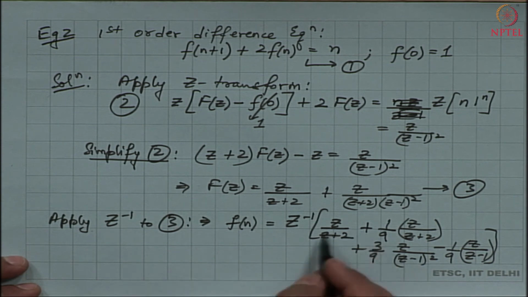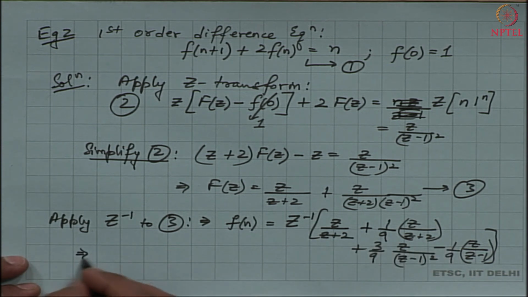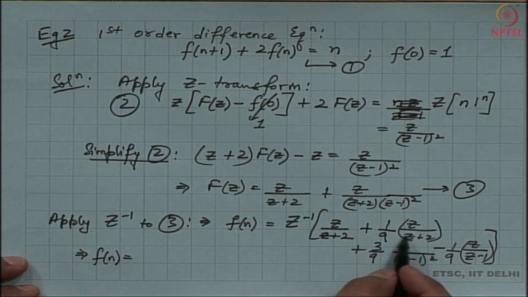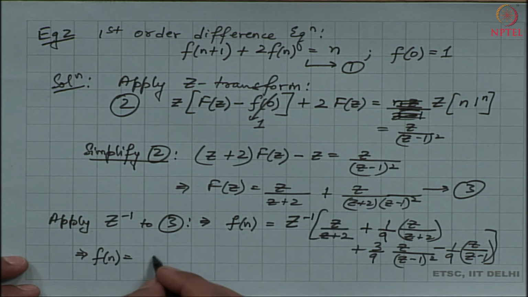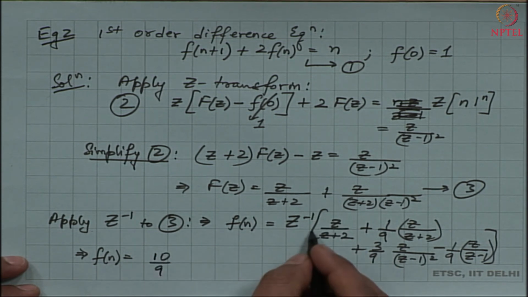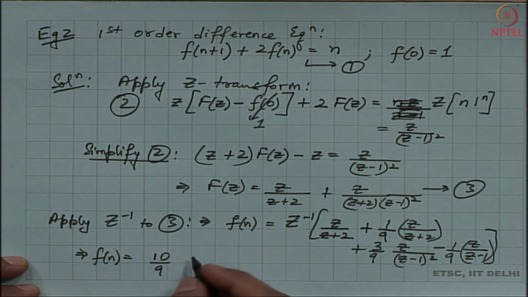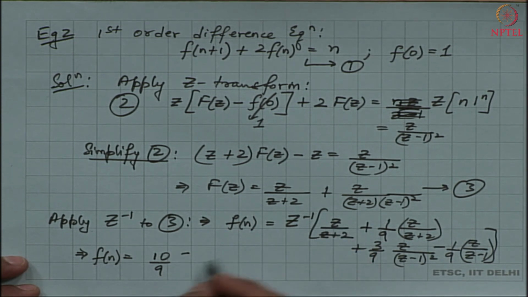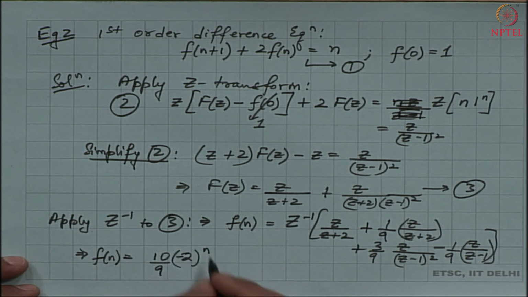Let me calculate the Z inverse one by one. So f of n is the Z inverse of this quantity. There is 1 by 9 times this quantity and 1 times this quantity, so that becomes 1 plus 1 by 9, which is 10 by 9, times the Z inverse of this factor, which is negative 2 to the power n.